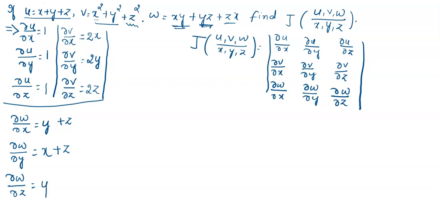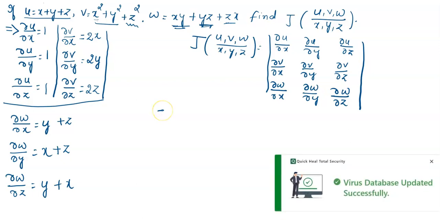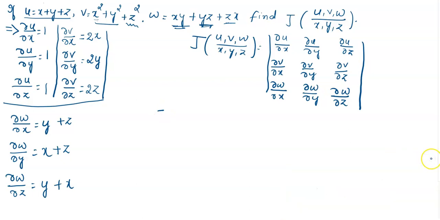So substitute all the first order partial derivatives we found into the Jacobian's definition, and we have the determinant: dou u by dou x is 1, dou u by dou y is 1, dou u by dou z is 1, dou v by dou x is 2x, dou v by dou y is 2y, dou v by dou z is 2z.